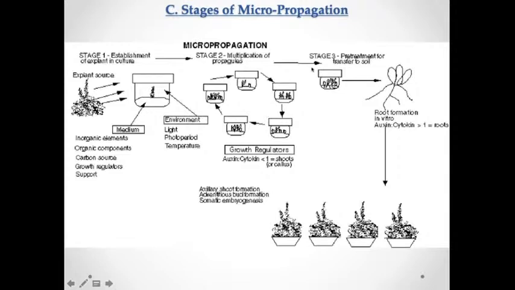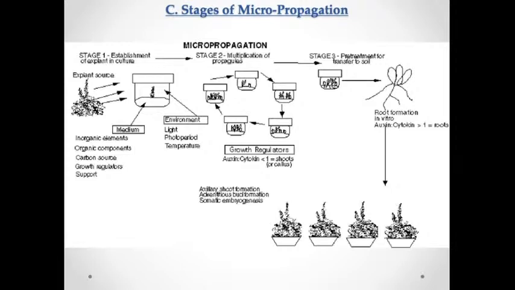Then comes stage three, that is pre-treatment for transfer to soil. Your plants are pre-treated for transfer to soil, and then root formation in vitro. Then you make the auxin to cytokinin ratio more than 1, so that root formation starts in vitro. Then furthermore, axillary shoot formation, adventitious bud formation, somatic embryogenesis.